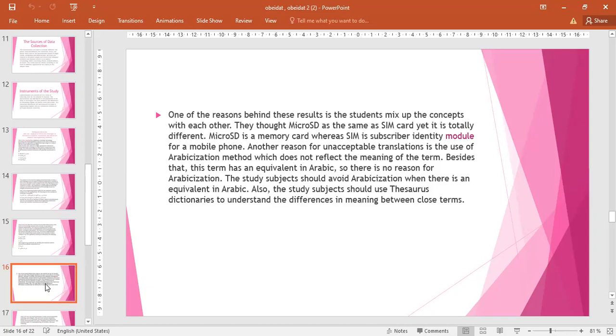Another reason for unacceptable translation is the use of the Arabization method, which doesn't reflect the meaning of the term. Besides that, this term has an equivalent in Arabic, so there is no reason for Arabization. The study subjects should avoid Arabization when there is an equivalent in Arabic. Also, the subjects should use dictionaries to understand the differences in meaning between close terms.